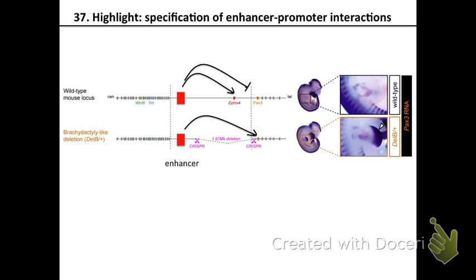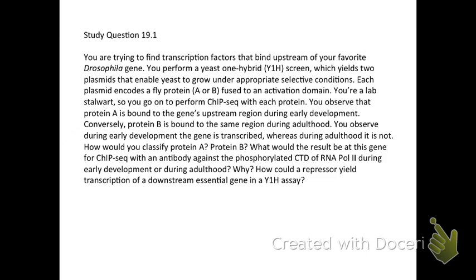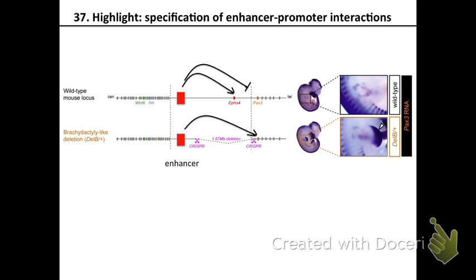But when you have this deletion, now this enhancer is capable of upregulating PAX3, so it's causing its induction, okay? So you have the transcription of PAX3, and they concluded that the removal of that insulator caused miswiring of an enhancer to the promoter, therefore misregulating a developmentally important gene, right?